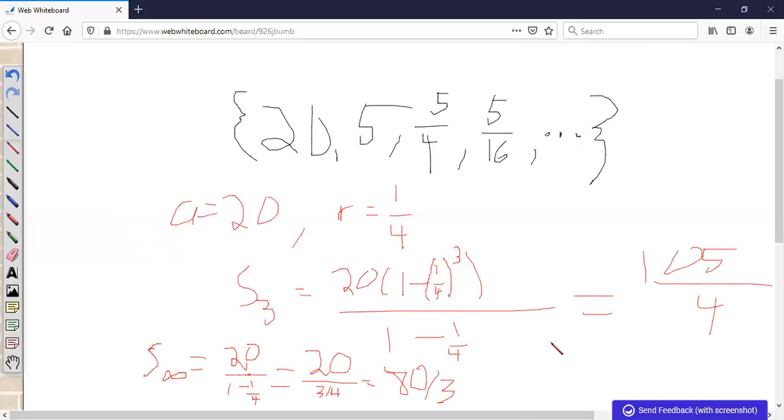There's the infinite sum. That was fast. So all this, and we just have a nice easy sum of 80/3. The series converges to 80/3. Job done.